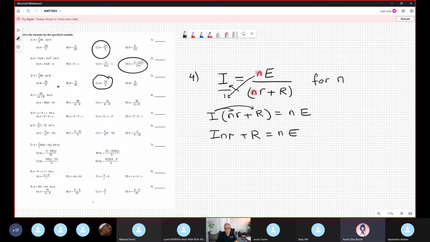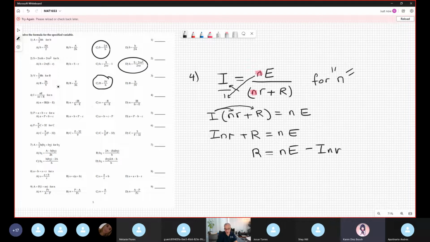And remember, our goal is n. So I need to do something in order to isolate n. I recommend you put n on the same side. For example, I R stays here, and you copy n E minus I n r. I like that because n is on the same side. And you factor out.